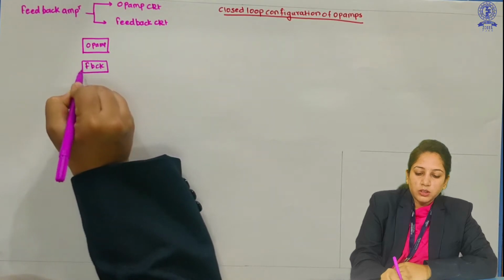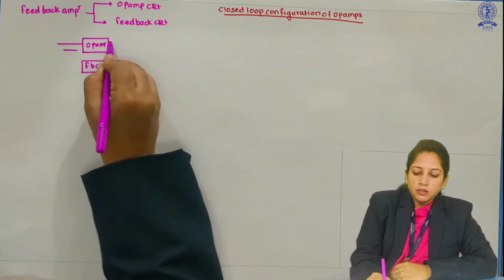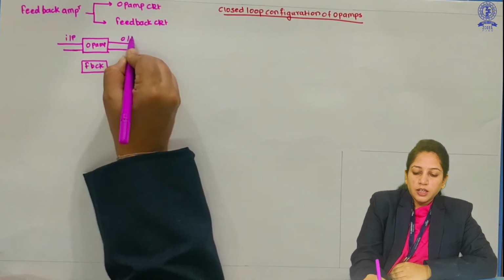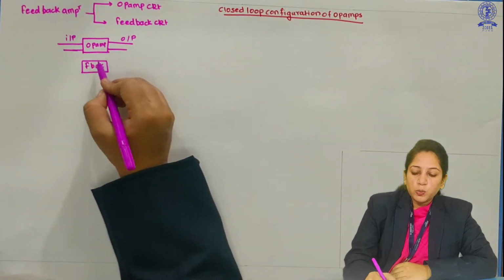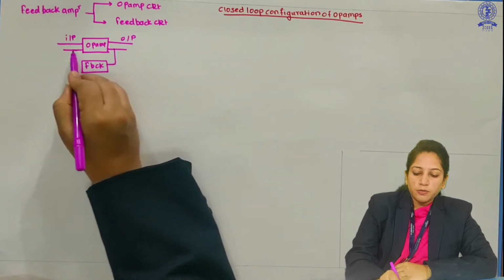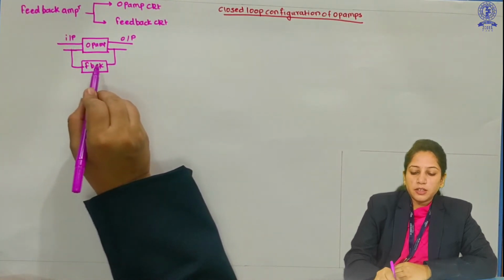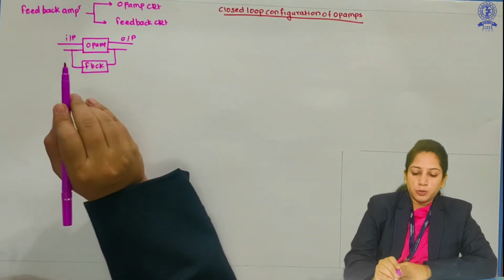These two blocks are connected in this way: the feedback circuit is connected from output to input.